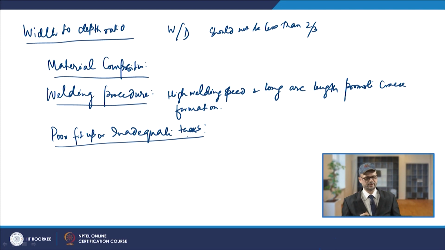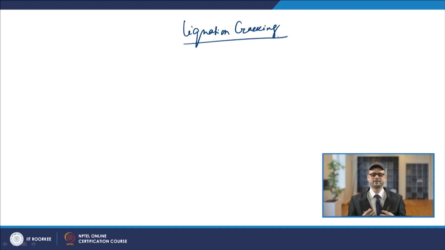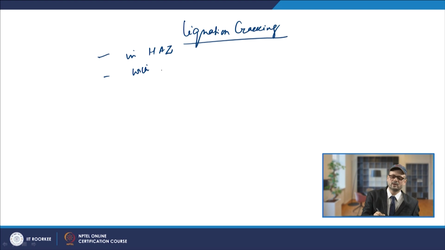Now, coming to the other type of crack, that is liquefaction cracking. Liquefaction cracking, as we know, is also known as burning. That is occurring normally in the HAZ, and normally it will be occurring with processes such as electroslag or SAW process.